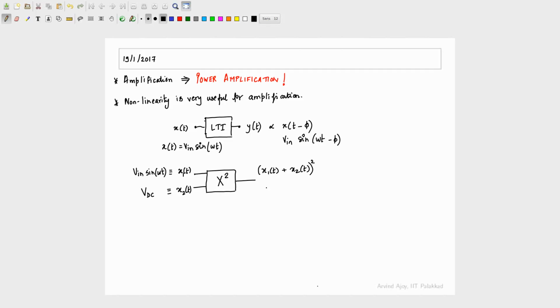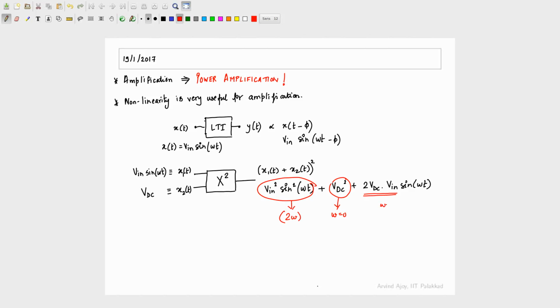Let's assume that this is a nonlinear device that you have. And say I make x1 of t as v_in sine omega t and x2 of t as V_DC. Then if you open this out, what would the output components be? You will get v_in squared sine squared omega t, plus a DC term, plus two times V_DC v_in sine omega t.